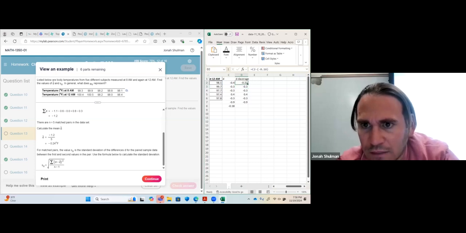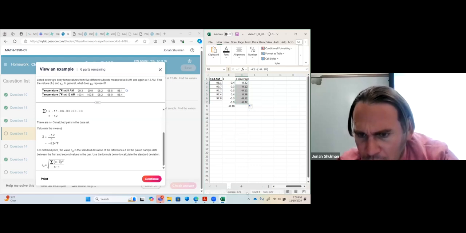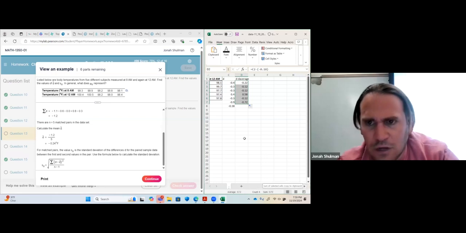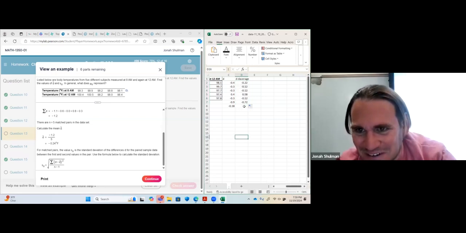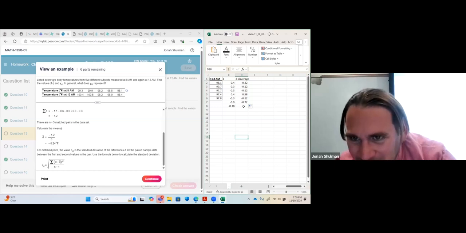Cool. And I have to drag this down. Sorry about that. Now, if I add all of these up, I should get 0. Well, it's close enough to 0. Maybe some rounding happening, but I don't know.